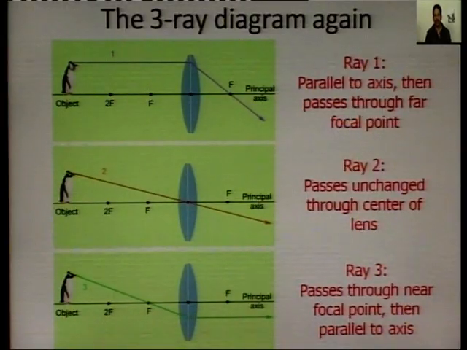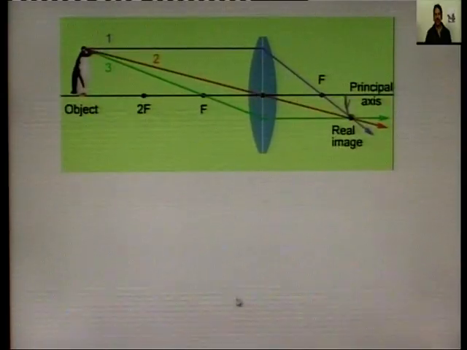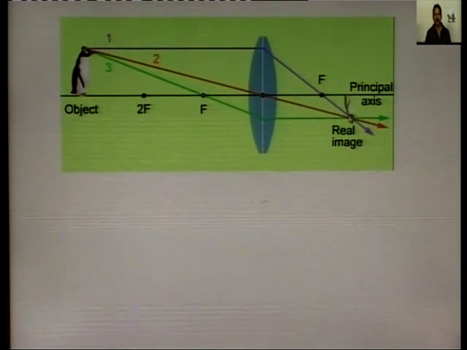We take a point of an object and three rays of light are taken from that point of the object. As you can see from here, three rays of light are taken from the same point, and the point where these three rays of light meet, the image of that point will be formed. So, this slide shows you that from this point of the object, three rays of light after refraction through the lens meet at a point and the image of that point will be formed at that point.